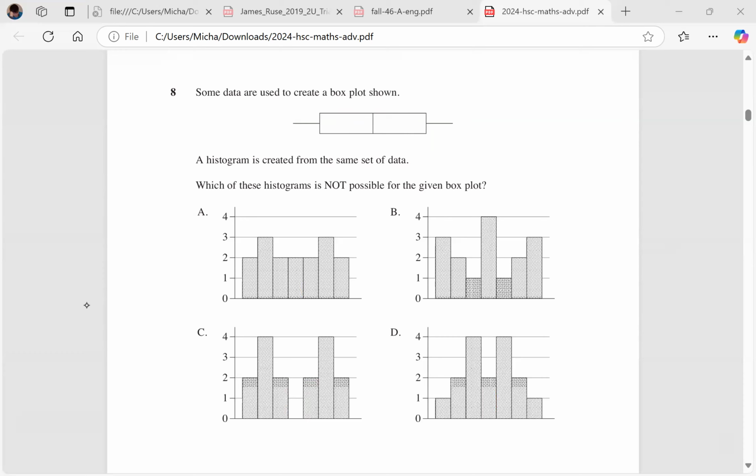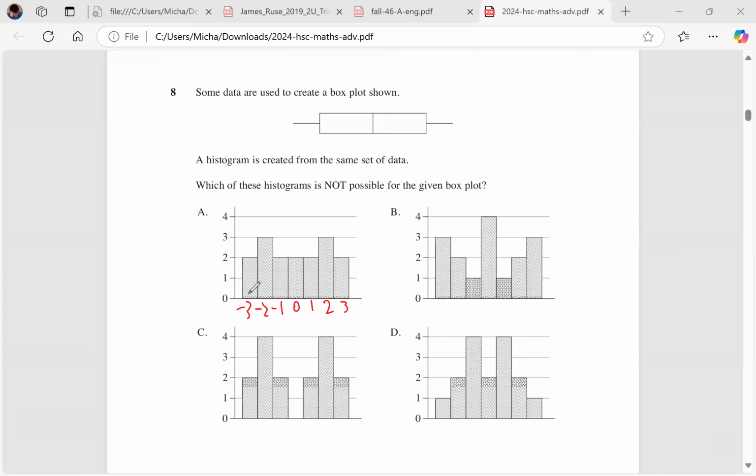I mean, we could just compute it for this, for example. Like this could be 0, 1, 2, 3. So where would the quartile be?